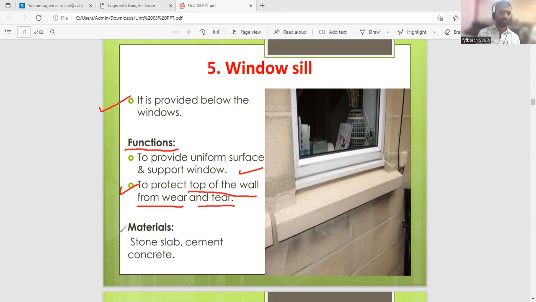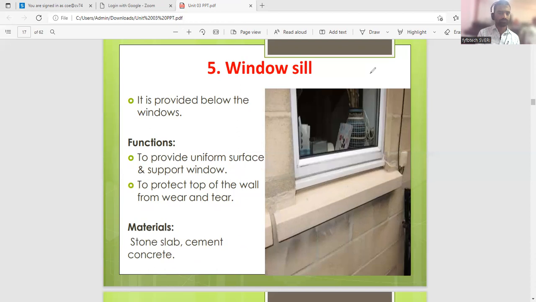Next, materials used. Stone slab. Next, cement concrete.